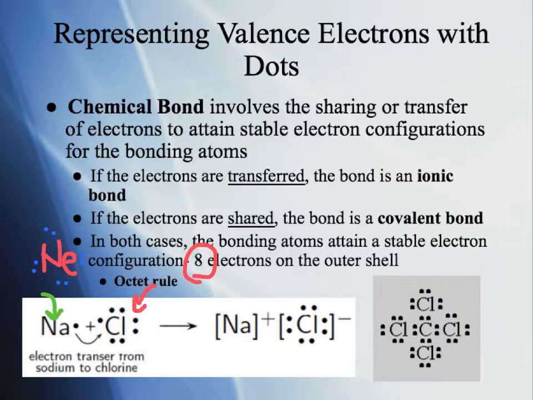And if sodium loses his one valence electron, then that shell basically disappears, and underneath he'll have a full shell. So it's advantageous for both of them to hook up.